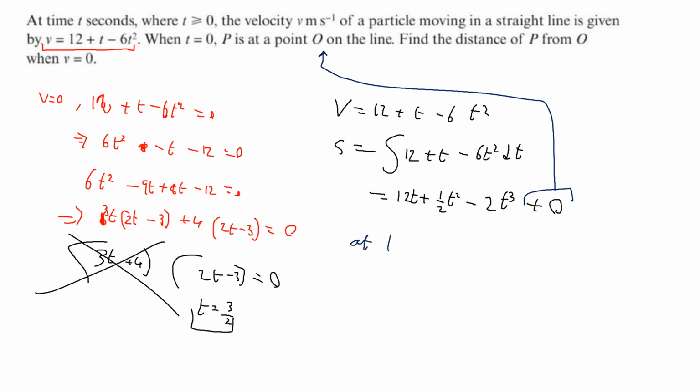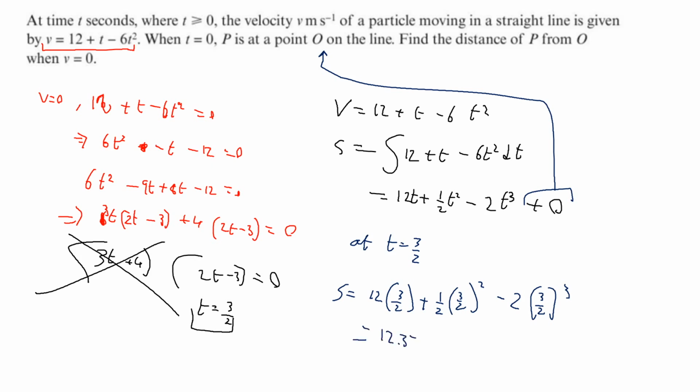So at t equals 3 over 2, s is equal to 12 times 3 over 2 plus a half times 3 over 2 squared minus 2 times 3 over 2 cubed. And if we plug that all into our calculators, we get an answer of 12.375 meters. And those are your final answers.